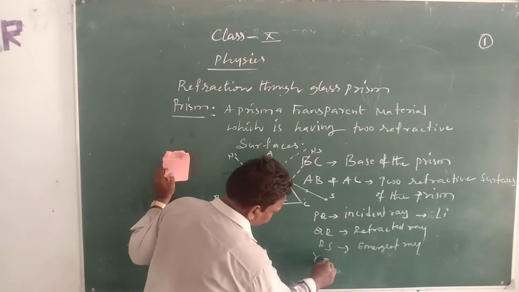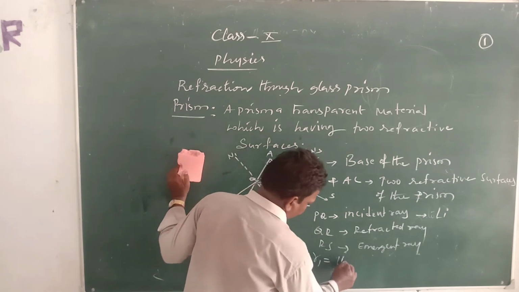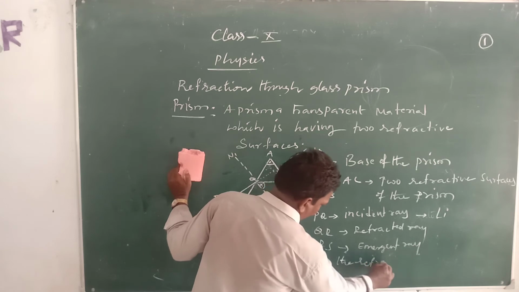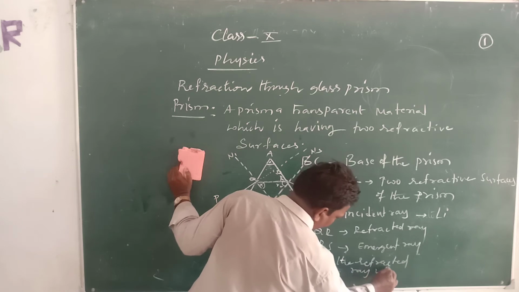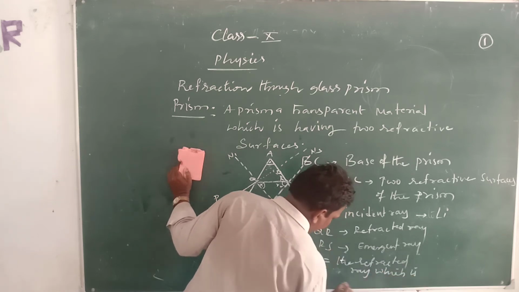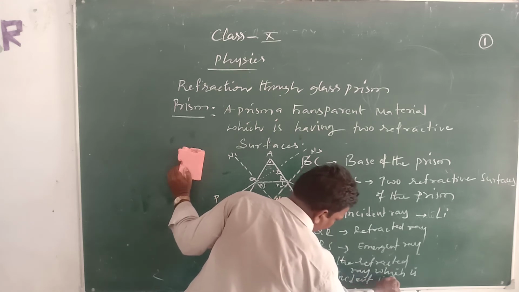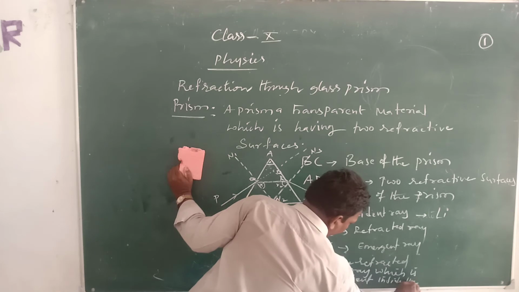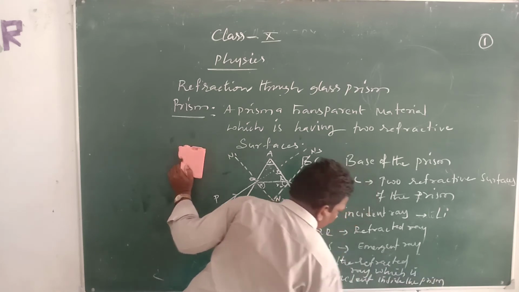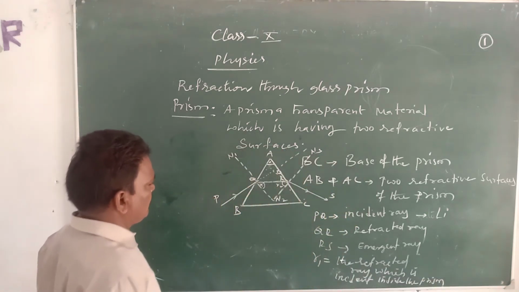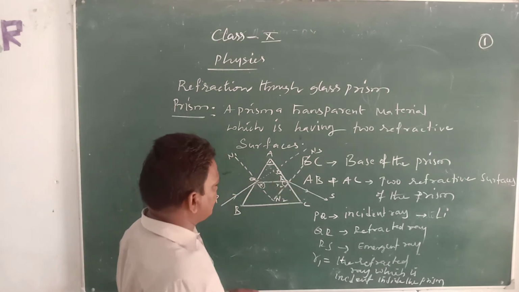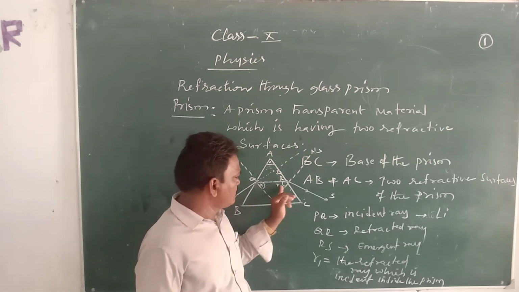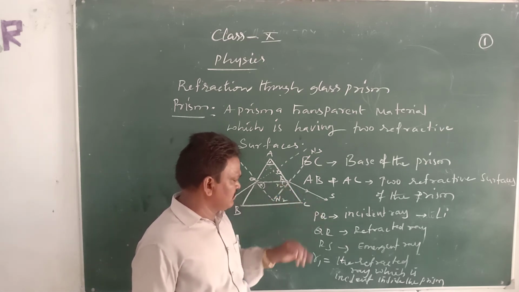R1 is the refracted ray which is incident inside the prism. And R2 is the refracted ray which is outside of the prism, when leaving the prism.